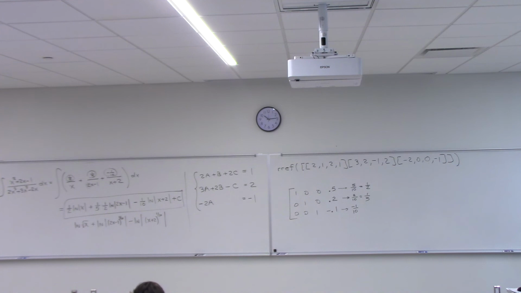We have x squared plus 2x minus 1 over 2x cubed plus 3x squared minus 2x dx.